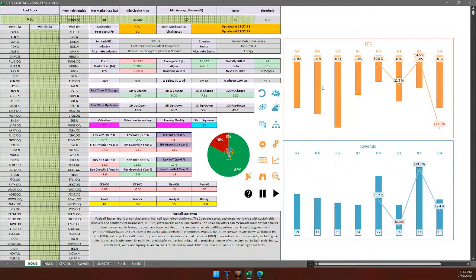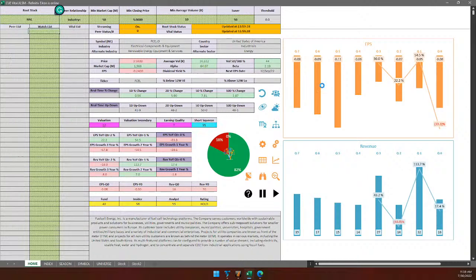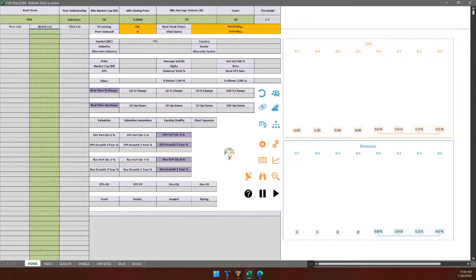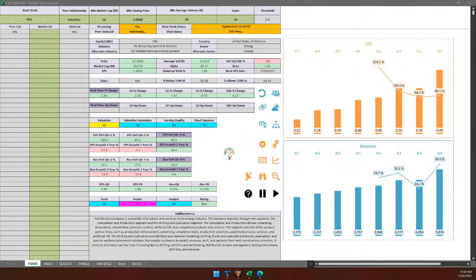One is also another one I shared already in the energy sector, Occidental, and another one is Halliburton, HAL. Next earnings is 17th October, so earnings seems to be over.